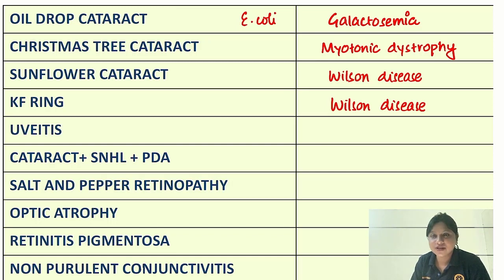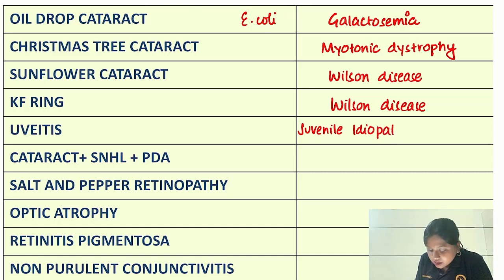Coming to uveitis. Whenever in pediatrics we talk about uveitis, we have a huge lot of differentials for it, but at least you should remember one thing, that is juvenile idiopathic arthritis. Why am I concerned about juvenile idiopathic arthritis?